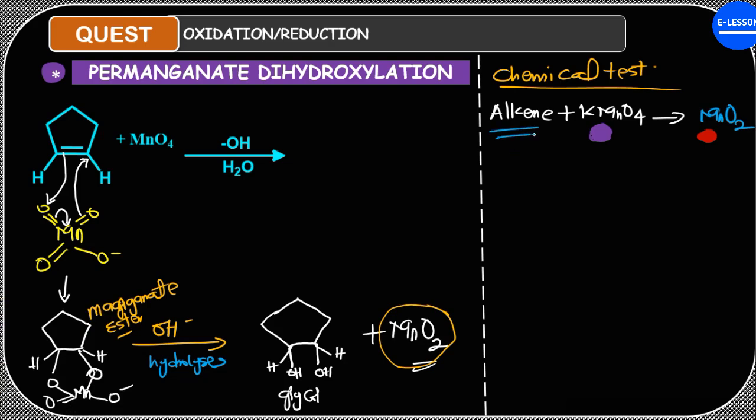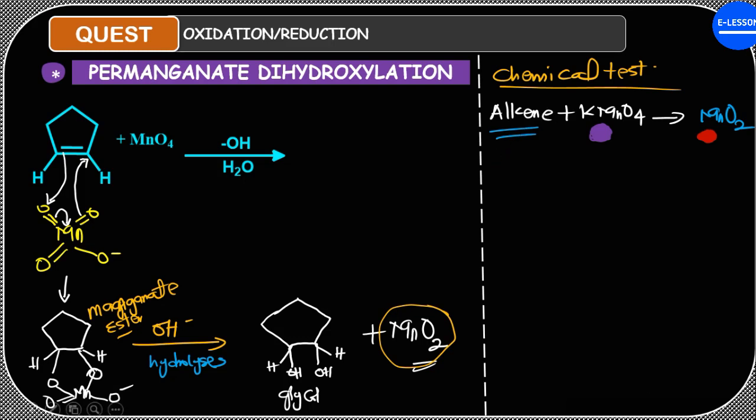Now, it is not only alkene that decolorizes KMnO4 to form this brownish thing, but most other compounds do not decolorize KMnO4 as much as alkene does. Is that understood?